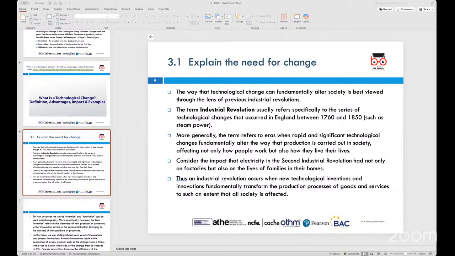And in such cases, change in the organization, or technological change specifically, if I add that word, becomes a necessity, because it becomes necessary for the organization to introduce and embrace that change, because it is required for sustainability, growth of the organization, and for the future success of the organization in the sector in which they are competing.